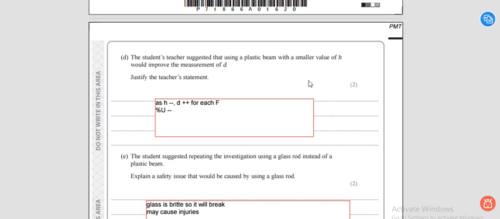The teacher said that a smaller value of h improves the measurement of d. Why? Because as we decrease h, the thickness of the beam, the distance to which the beam bends increases, so the uncertainty decreases.